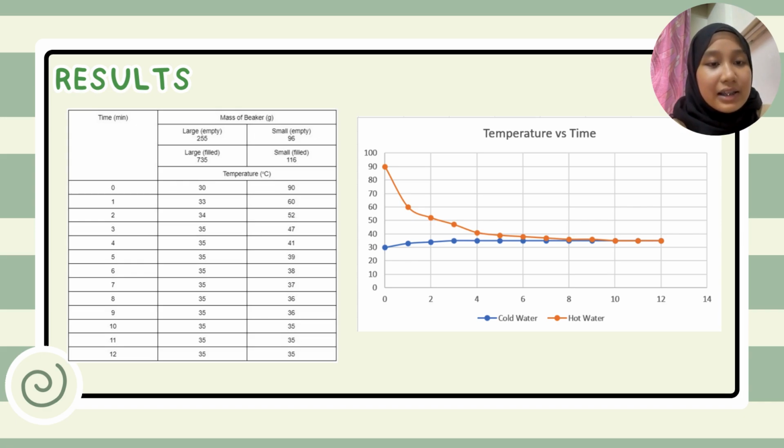So basically there is the temperature versus time graph. So this basically shows that when the minute is 10, both water got the same temperature, which is 35. So that's all.